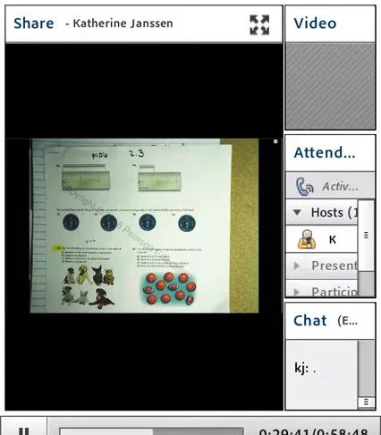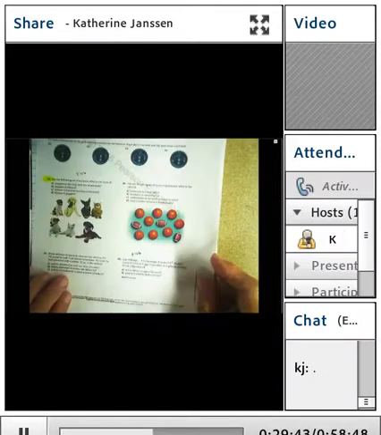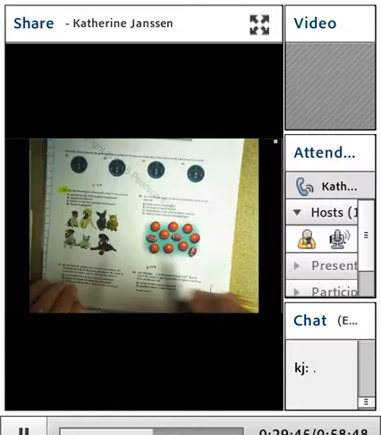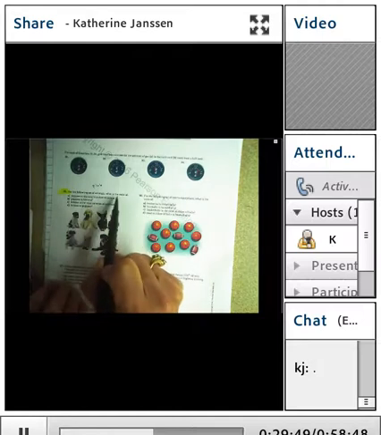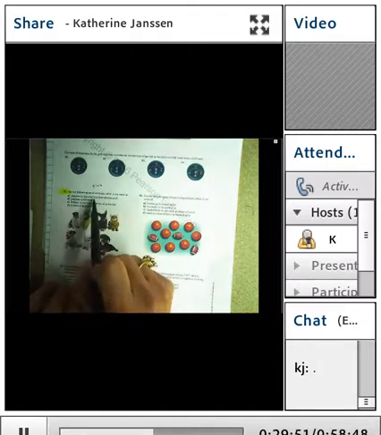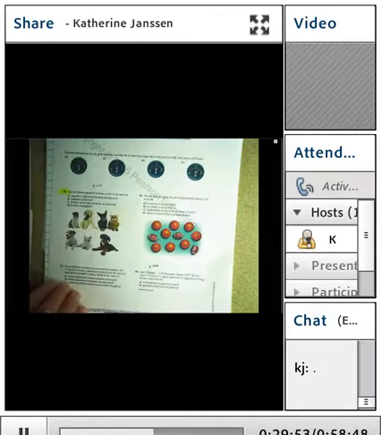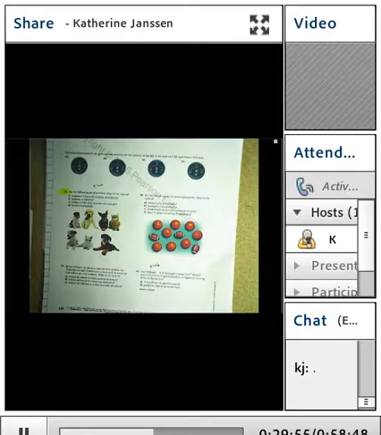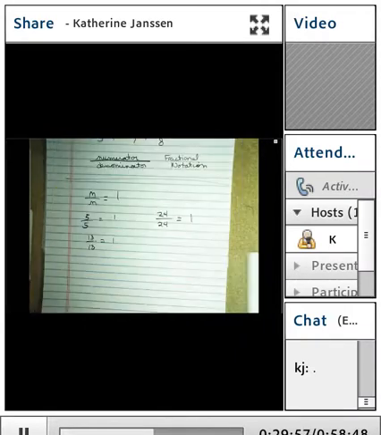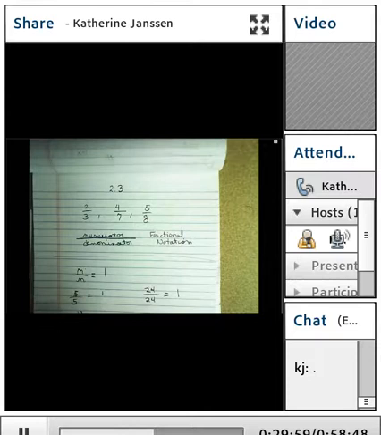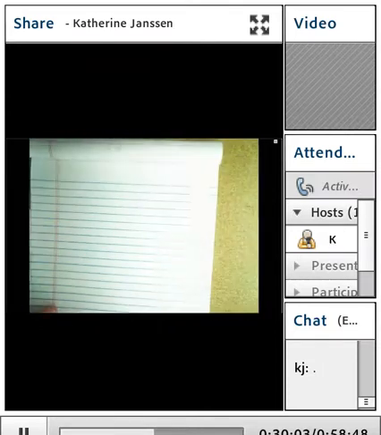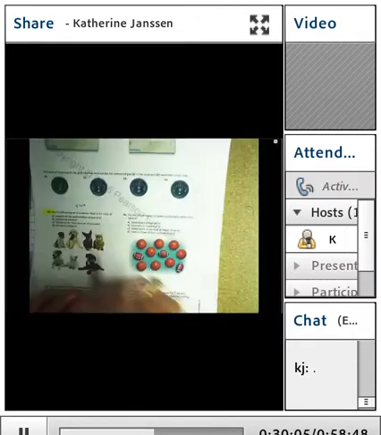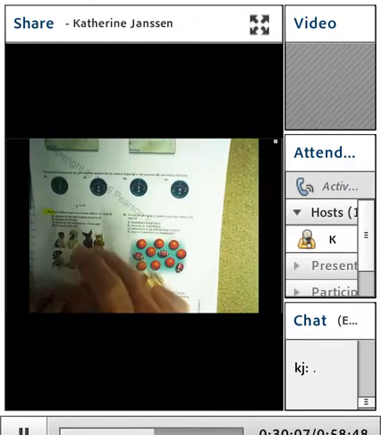On page 106, we are in question number 35. For the following set of animals, what is the ratio of puppies to total number of animals? So reading my question, I get my ratio. We're looking at the ratio of puppies to total number.